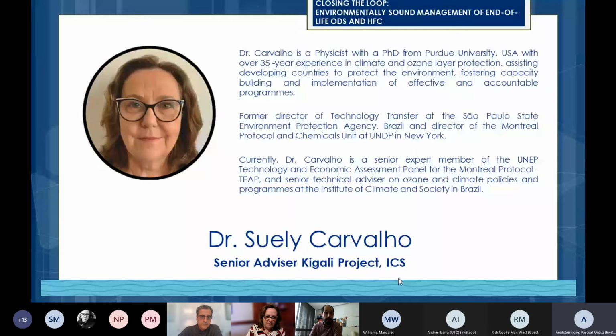Currently, Dr. Carvalho is a senior expert member of the UNEP Technology and Economic Assessment Panel for the Montreal Protocol, also TEAP, and senior technical advisor on ozone and climate policies and programs at the Institute of Climate and Society in Brazil.